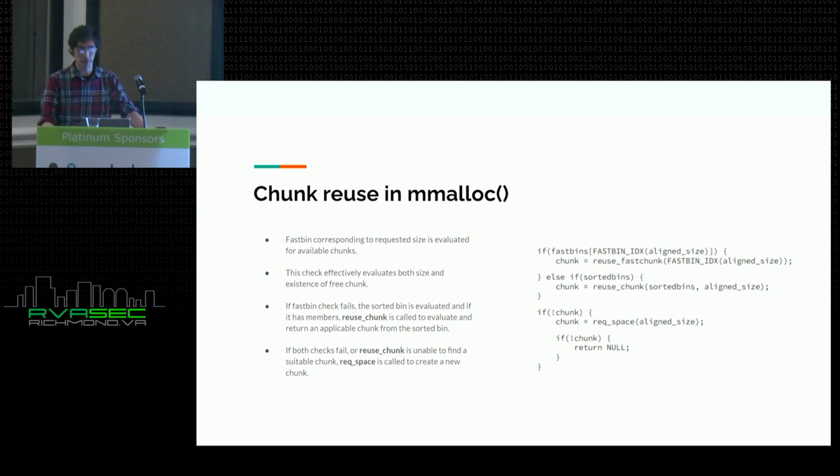If it's outside of the range of the fastbins, then we go through the sorted bin reuse function, which was the function that we looked at previously. And if nothing is returned by either the fastbins or the sorted bins, then we make our call to rec space to request additional space from the kernel and build a new allocation.